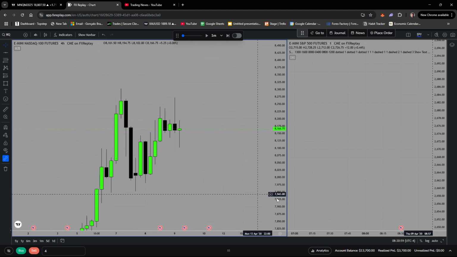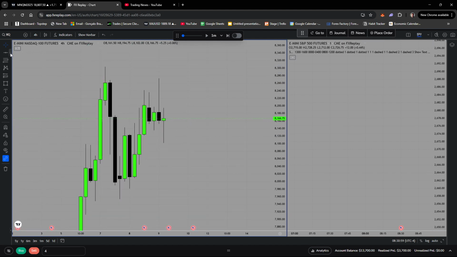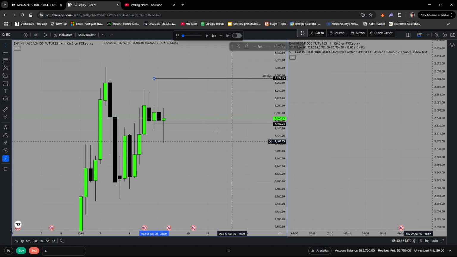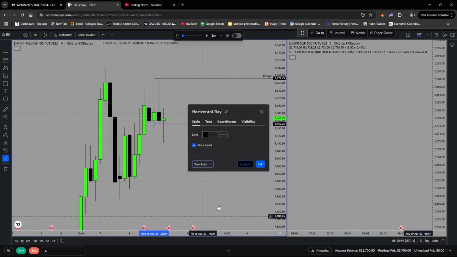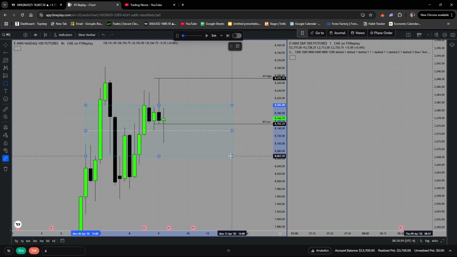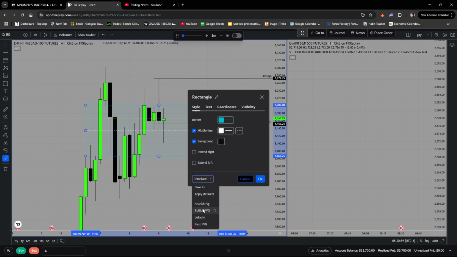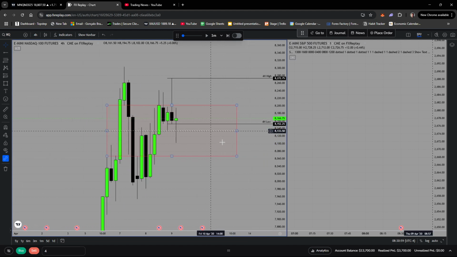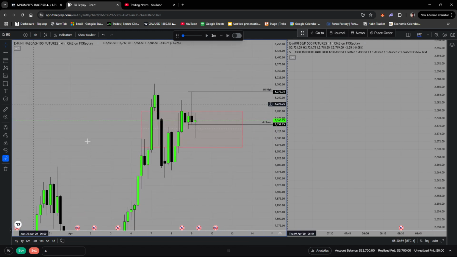Let's delete everything. Swept the low. Also have the high. Okay. So we are still inside this bearish PD array. In terms of bullishness, we have this gap here.